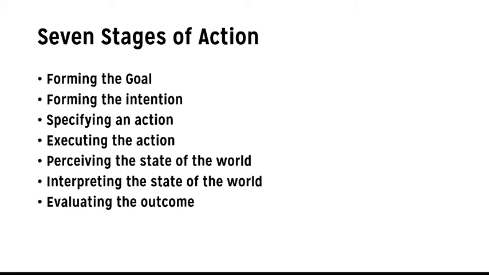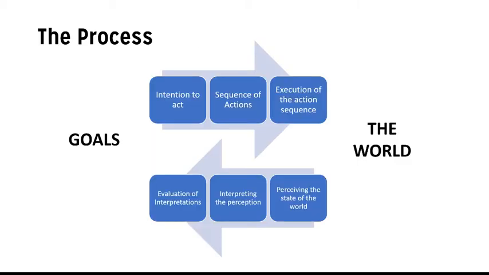Let's look at a model of all these steps in action that will help us make more sense of all this. So I say this is a cyclical process, and this is your research process. You're coming up with goals, and your goals relate to things that exist in the world. Now, from your goals, you develop an intention to act.